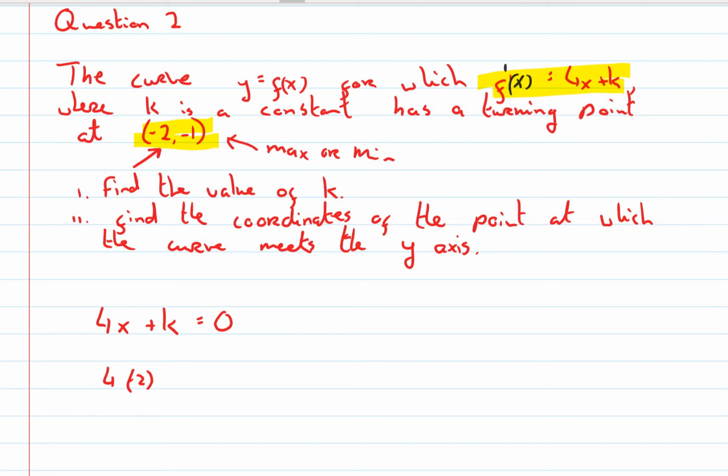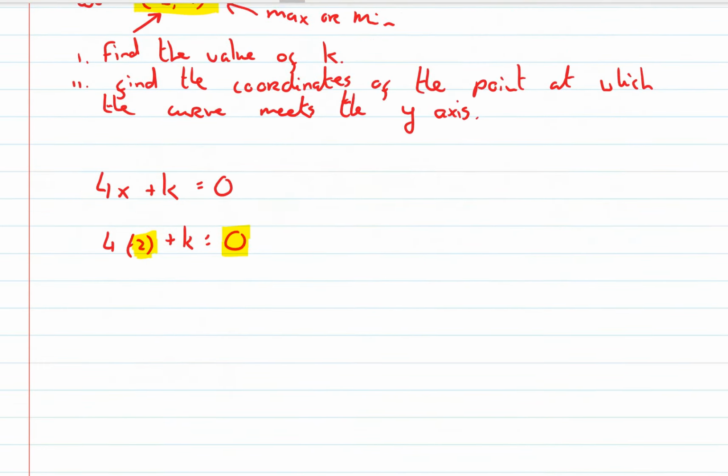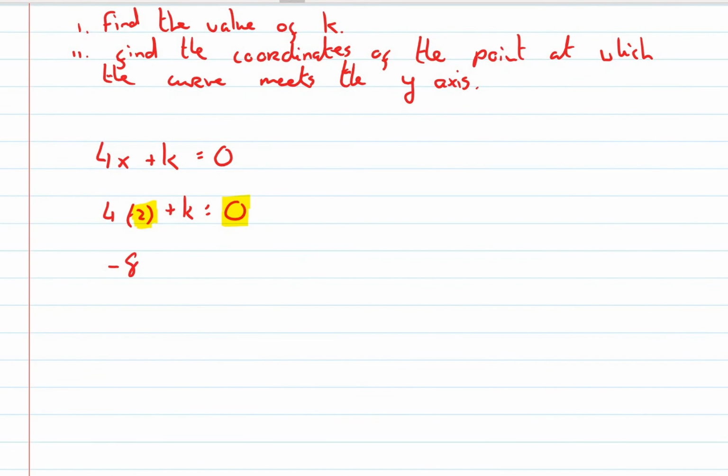So where x is minus 2 on that curve, the slope of it will be 0. So with that in mind, we can say minus 8 plus k equals 0. So k equals 8.